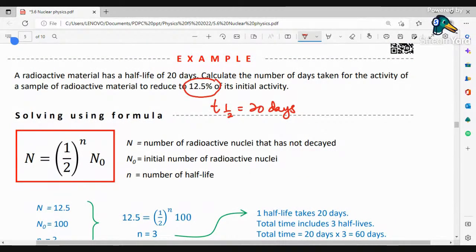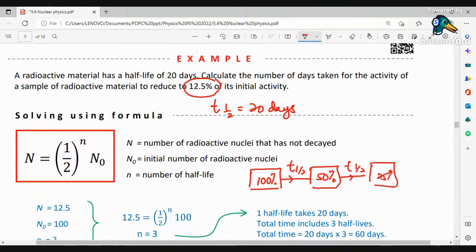So initially it is 100%. After one half-life, it will become 50%. Another one half-life, it becomes 25%, separuh dari yang sebelumnya. After another one half-life, separuh daripada 25, 12.5.